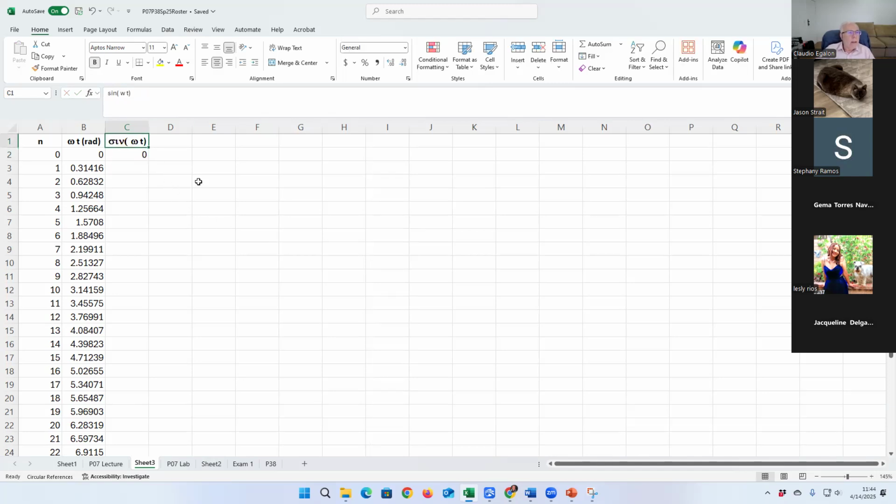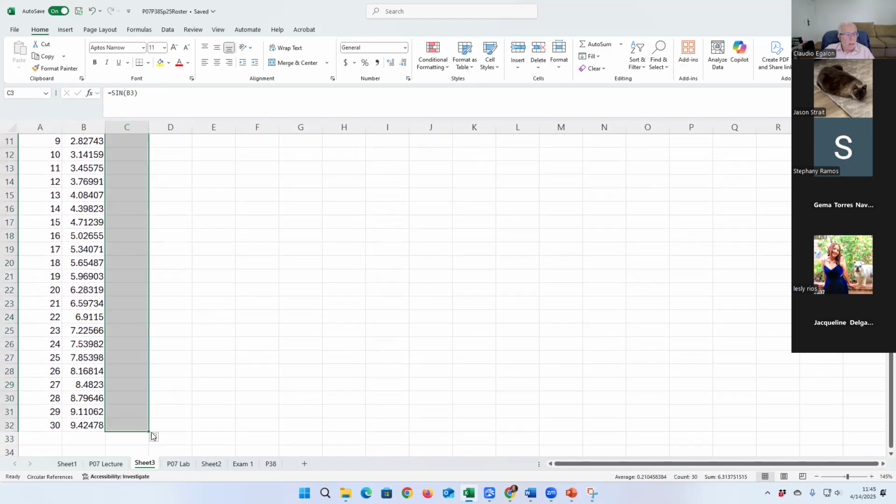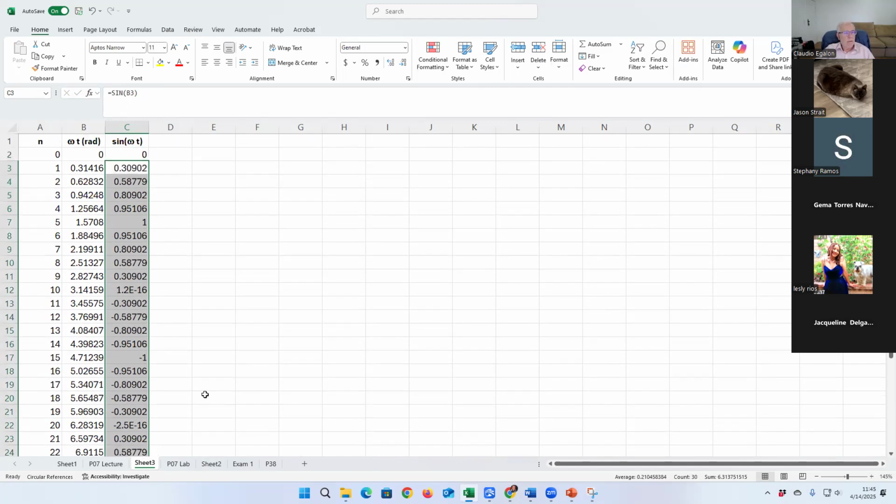Okay, I've got to do it the right way. Now we have it, and then omega t. Okay, so here we go, and now we are going to plot. That would be my mathematical model of the current.